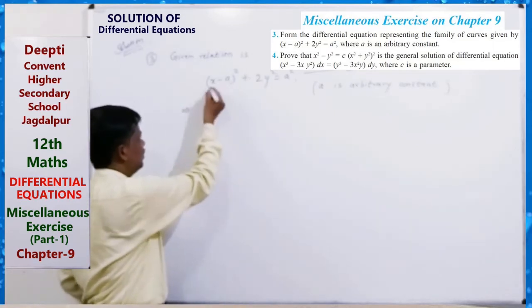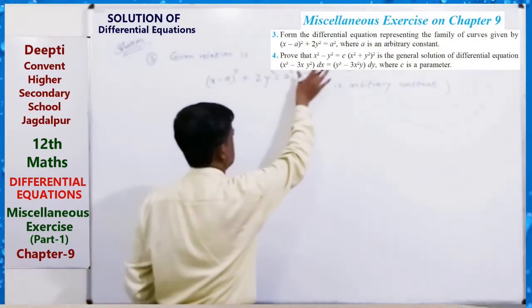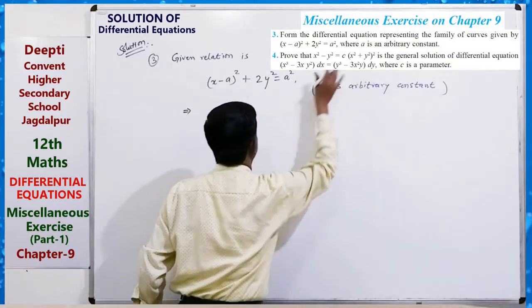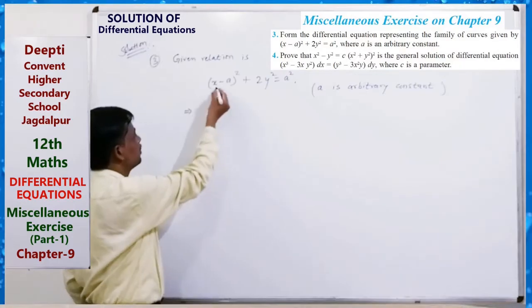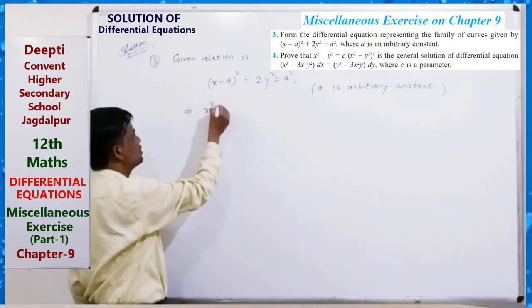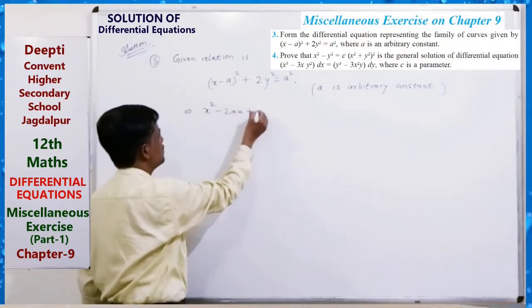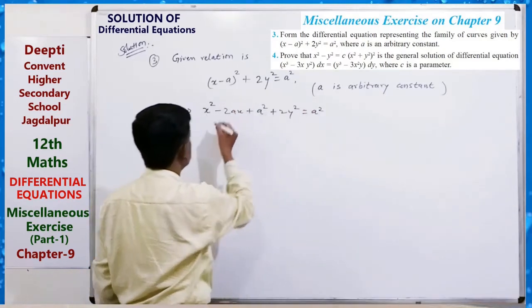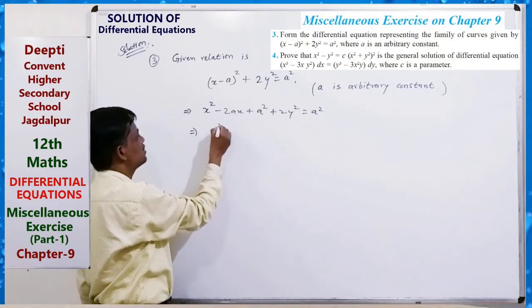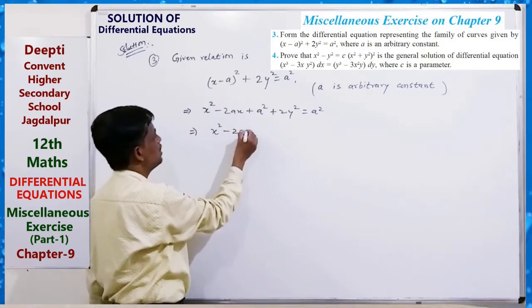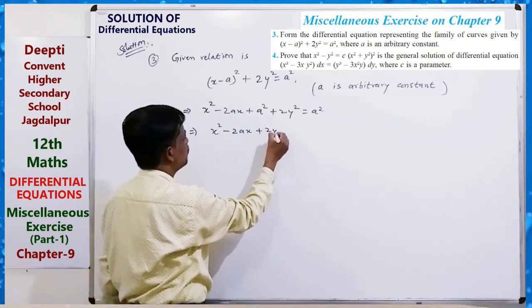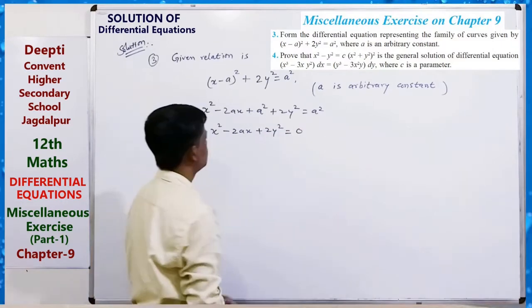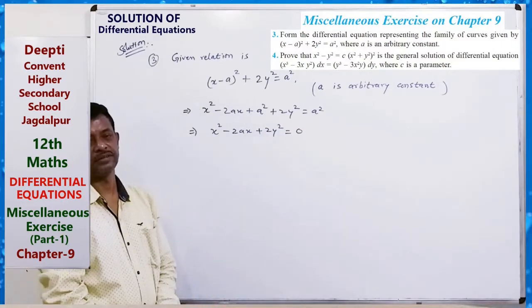The given equation can be simplified like this. Using a minus b whole square, x square minus 2ax plus a square plus 2y square equals a square. The a squares cancel, so we get x square minus 2ax plus 2y square equals 0. This type of relation.